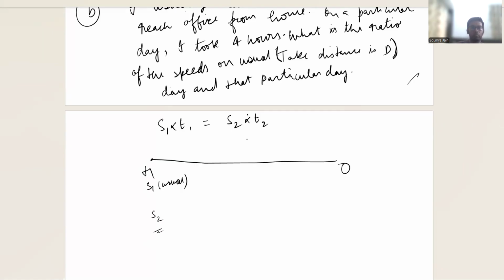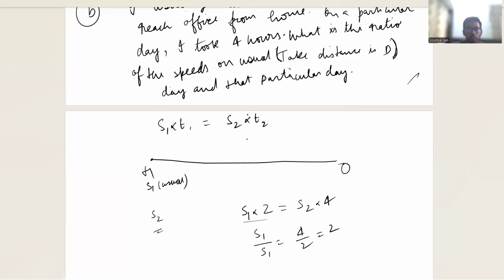So what I can write over here is, distance is constant. So I can say S1 into time taken on the usual day, which is 2 hours. Distance is same, so I can use this relation, and S2 and the time taken by me on that particular day is 4 hours. If we rearrange it, S1 by S2 is 4 by 2, which is 2.